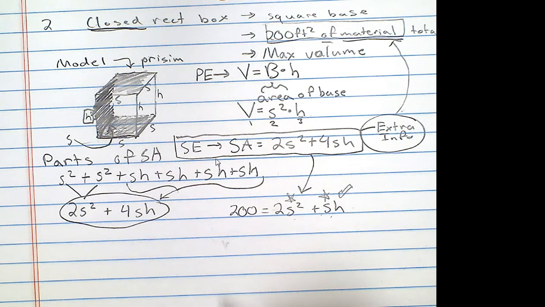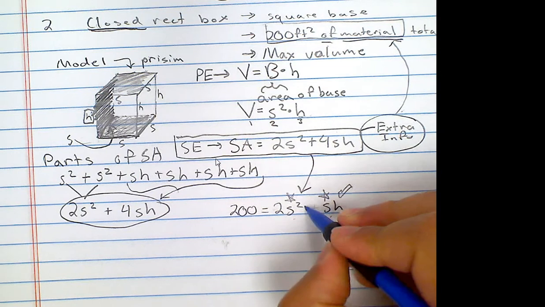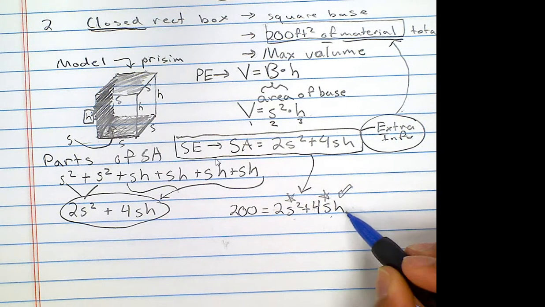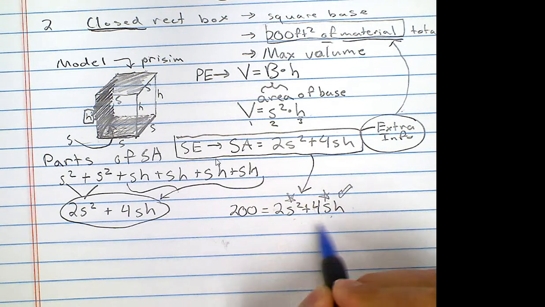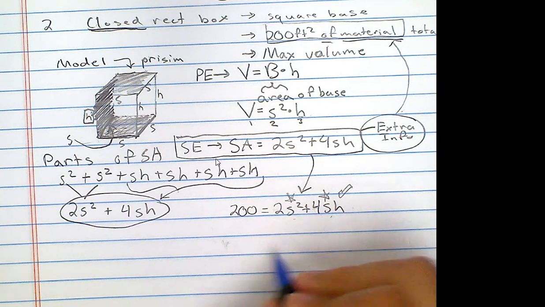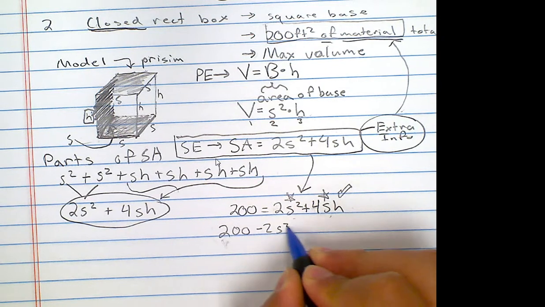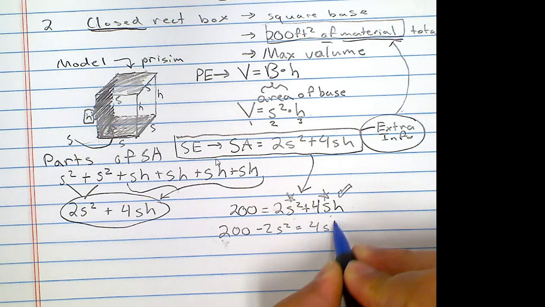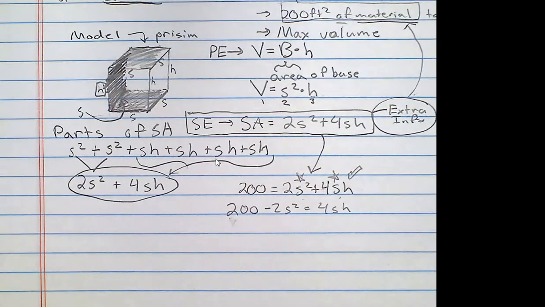I don't want to solve for S. I want to solve for H. So everybody go ahead and solve for H. I'll solve with you. We're going to subtract 2s squared from both sides and divide both sides by 4s.